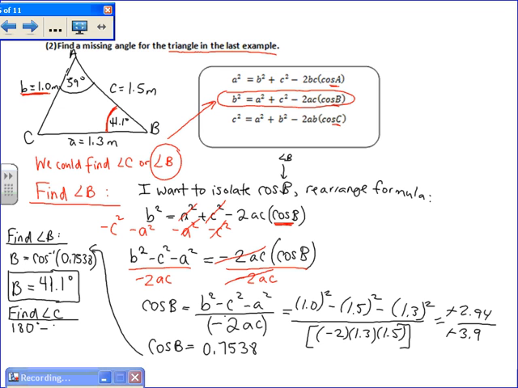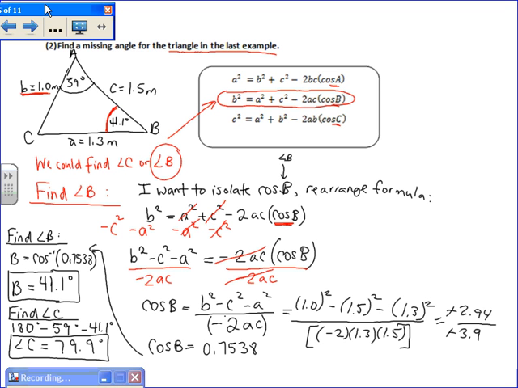So subtract 59 degrees, subtract 41.1 degrees. So angle C is going to be equal to 79.9, pretty close to 80 degrees. Okay, and there's our answer there for the third angle of our acute triangle.